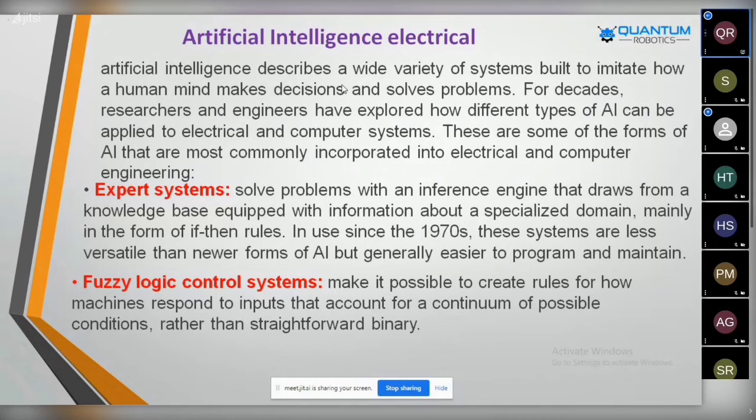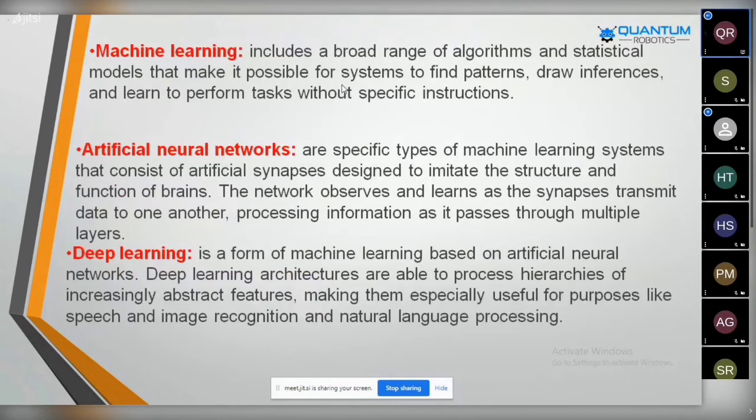And here you can see machine learning. Machine learning includes a broad range of algorithms and statistical models that make it possible for a system to find patterns. Here the machine learns from the particular person.